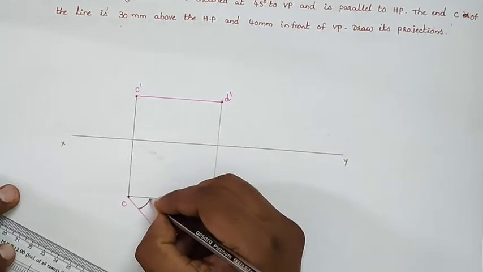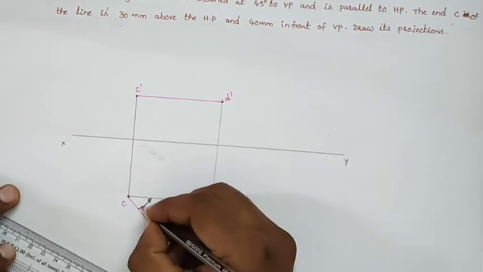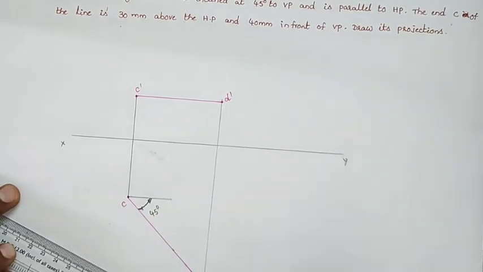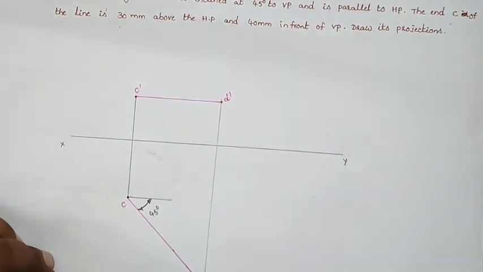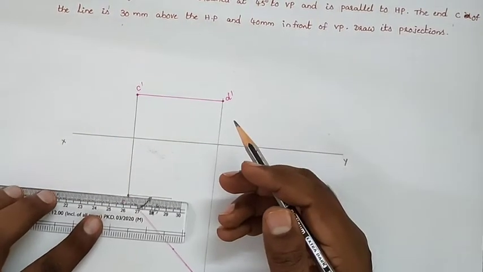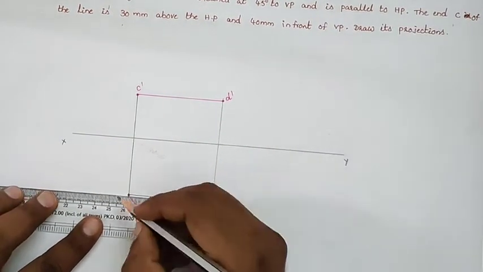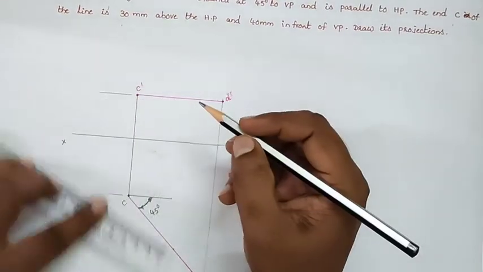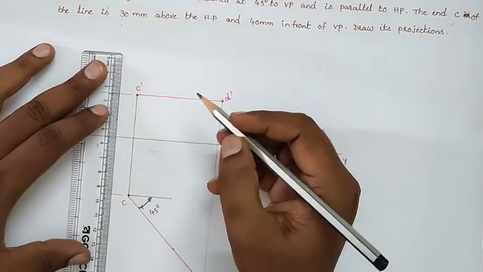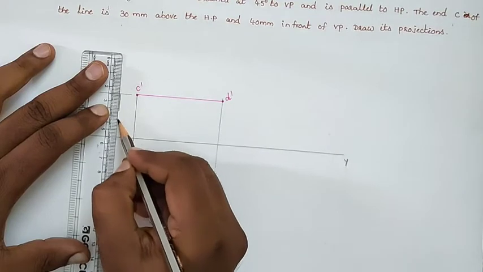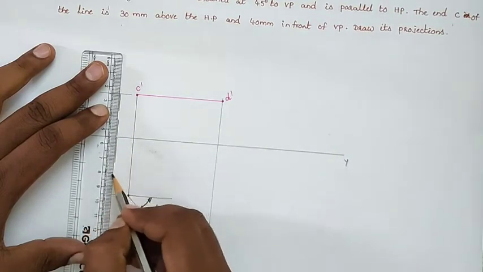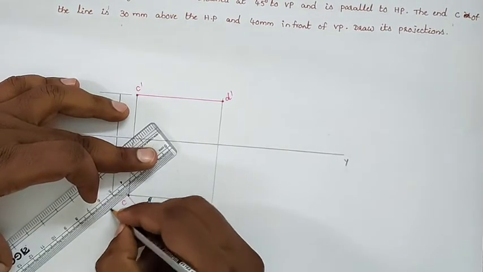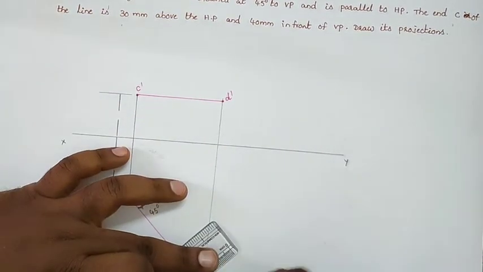So this angle, they are clearly giving in our problem. So this is 45 degrees. Now we will give the dimensioning. And this dimension also we can mention in an inclined manner.